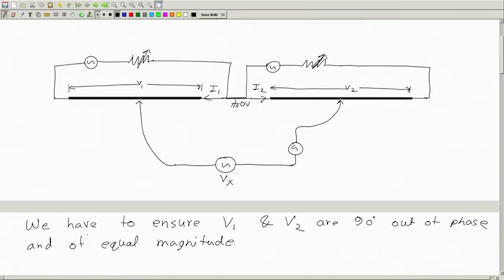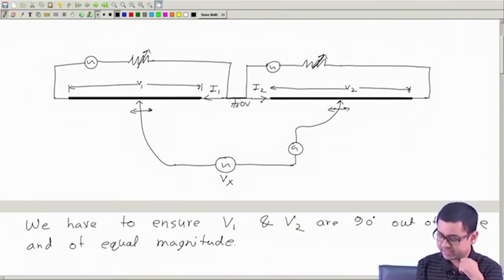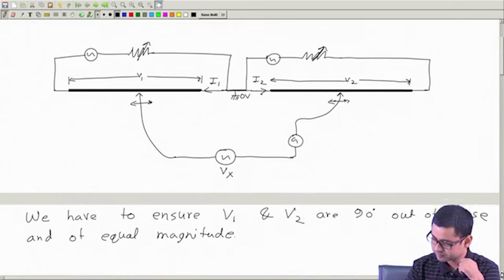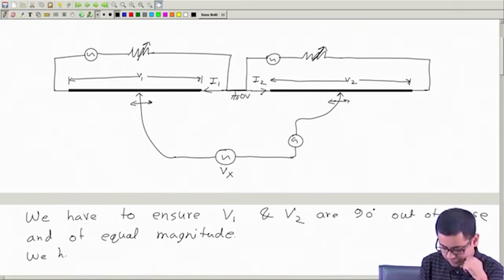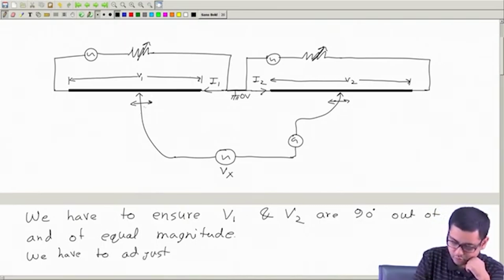Okay, so now we have to adjust this and this during the measurement to get a null in this galvanometer. So during measurement we have to adjust both, call this J1, jockey 1, and J2.